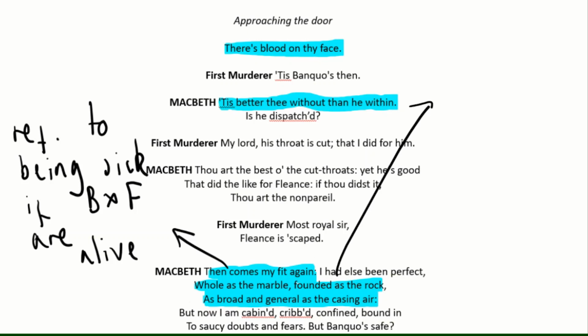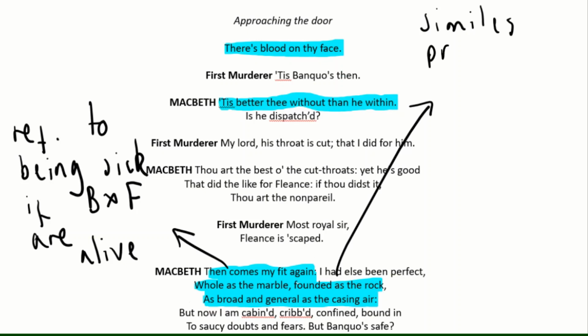So these are in fact similes. These similes provide an insight into the sense of security that Macbeth felt like he would have, but now that the plan has failed, that sense of security is gone.